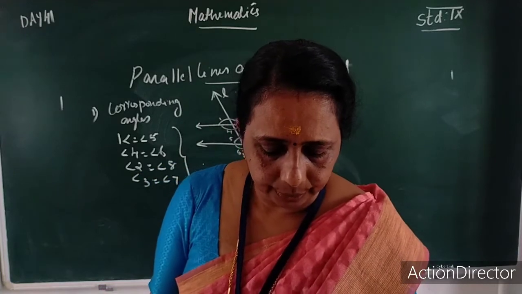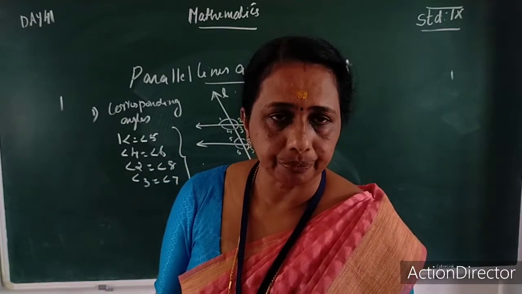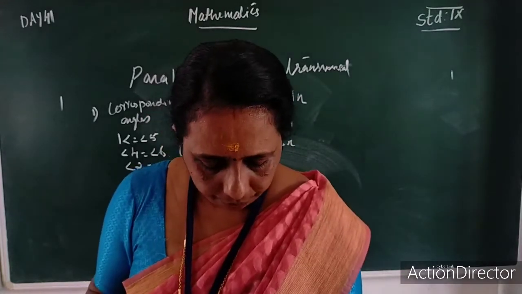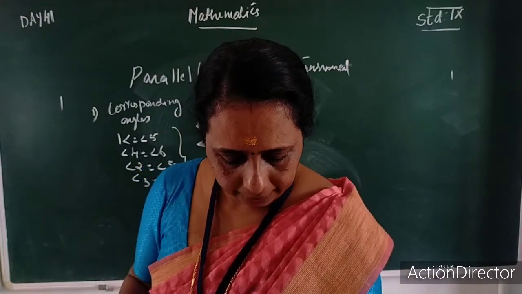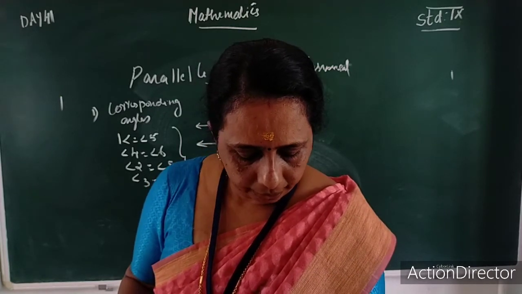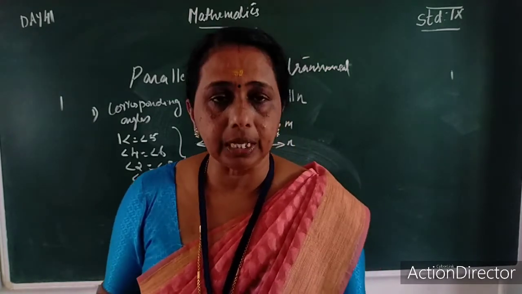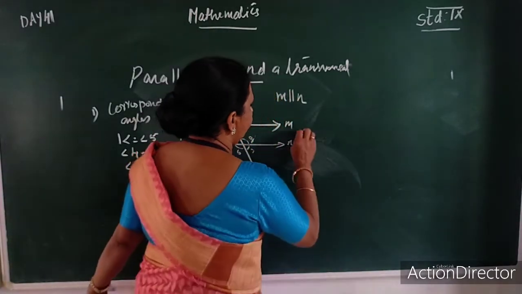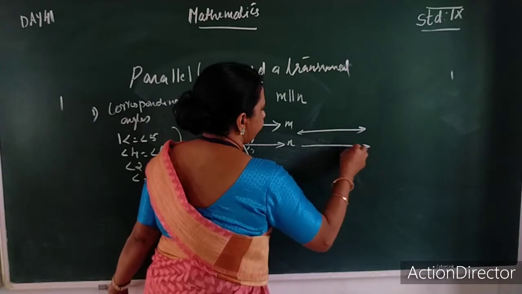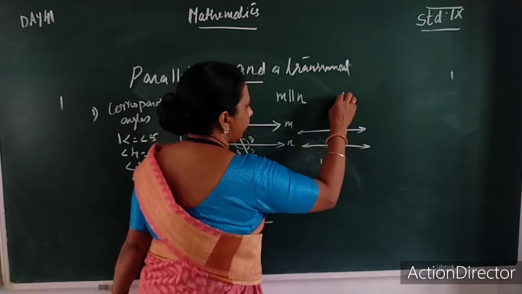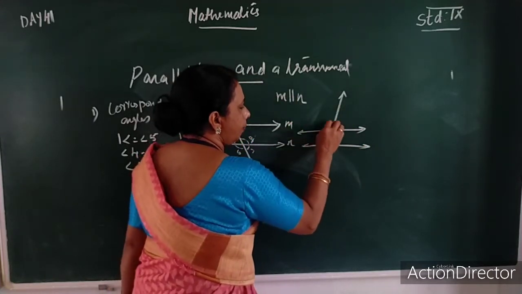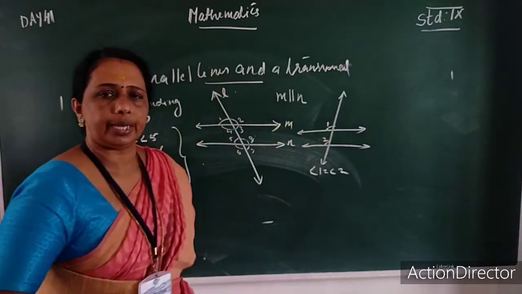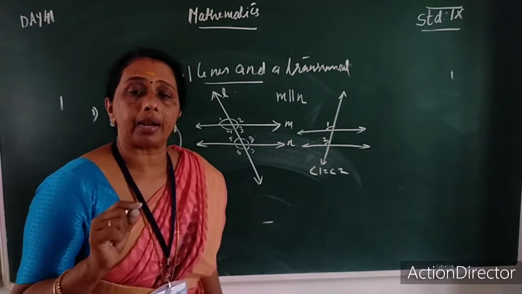Take axiom 6.3 in page number 99. Then the converse of this axiom, that is axiom 6.4. If a transversal intersects two lines such that a pair of corresponding angles is equal, then the two lines are parallel to each other. Listen, if two lines are intersected by a transversal, and one pair of corresponding angles are equal, then we have to say that these two lines are parallel lines.